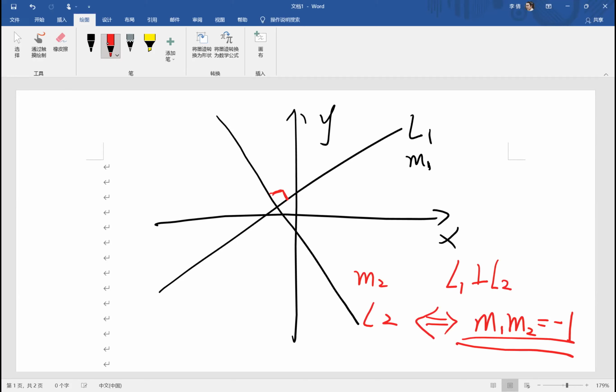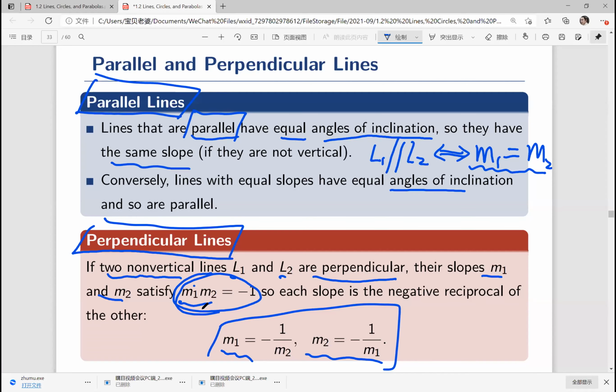Okay, if two lines are perpendicular, the slopes of those lines satisfy M sub 1 multiplied by M sub 2 is equal to -1. This is the perpendicular lines.